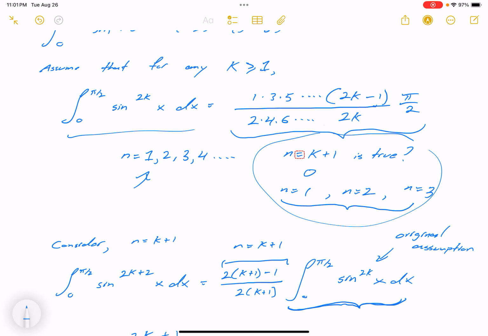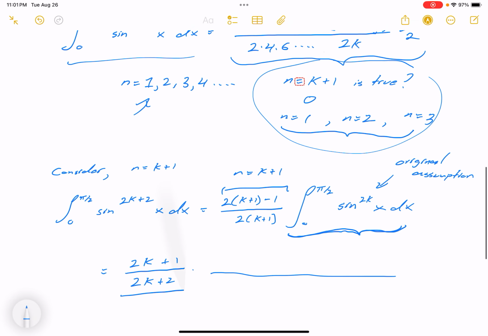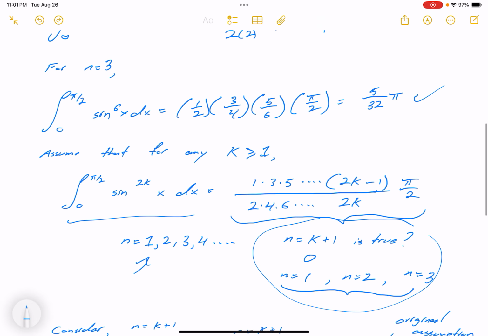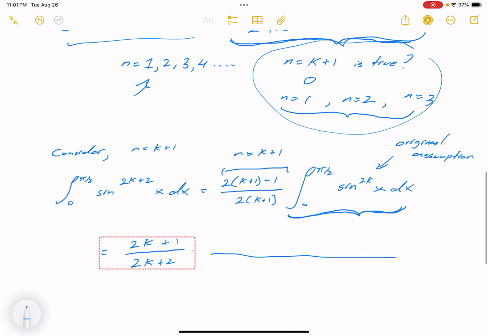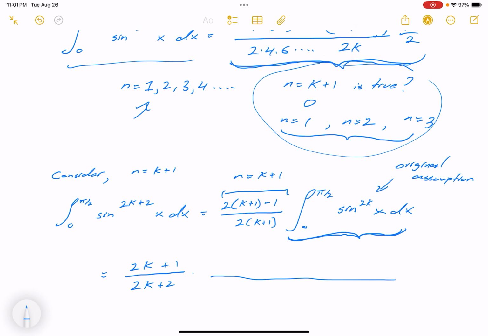So when n equals k plus 1, we are going to multiply our original assumption by it. That is because this is a multiplication sequence, if you want to call it that. This is multiplication, so we're going to multiply. If it's adding, then we're probably going to add it.